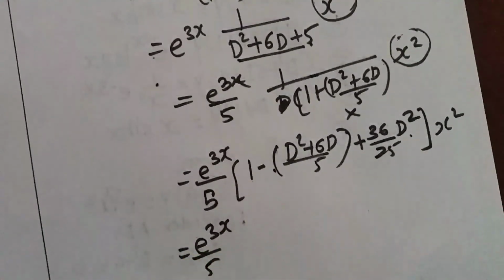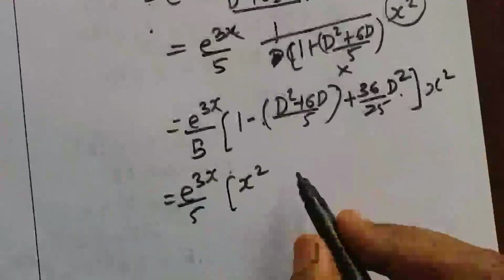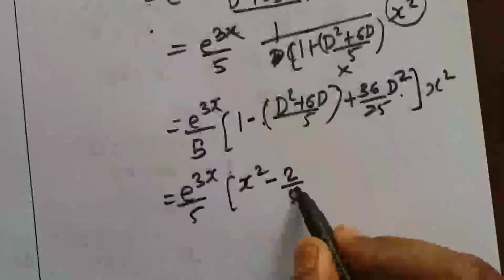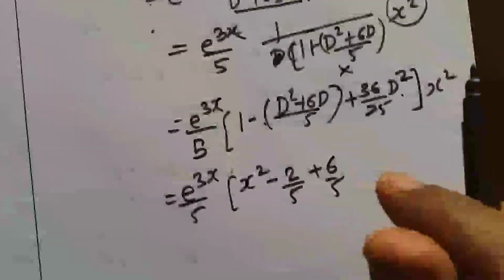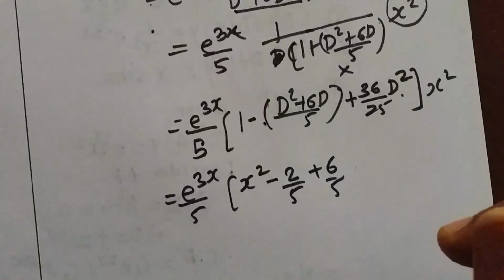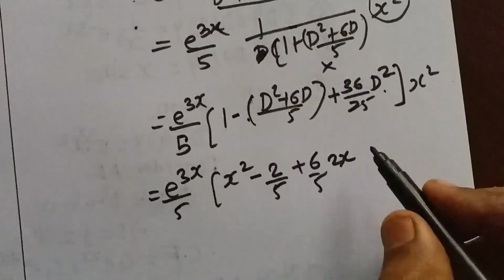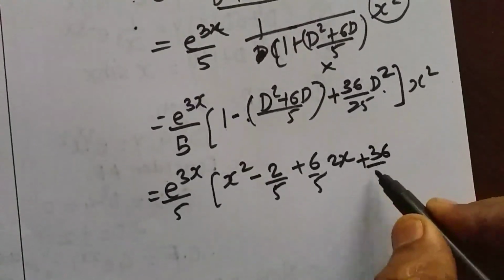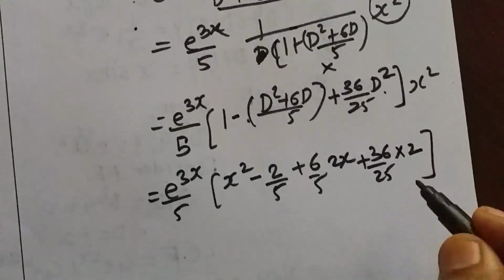Further, e raised to 3x by 5 as it is, 1 into x square, d square of x square, that is 2 by 5, plus 6 by 5 d of x square. Derivative of x square is 2x. Then 36 by 25 d square, and d square of x square is 2.